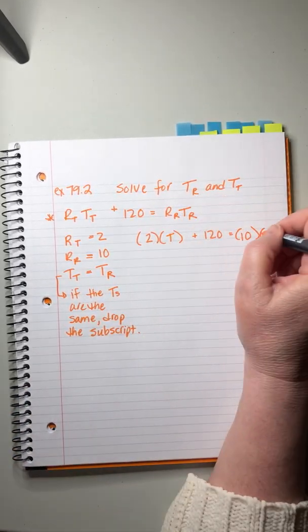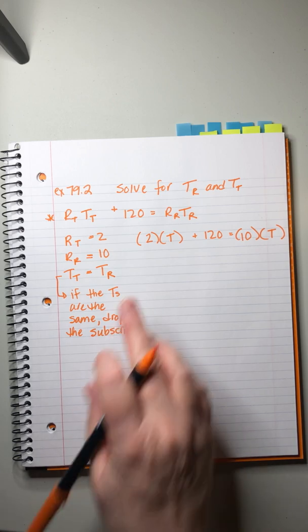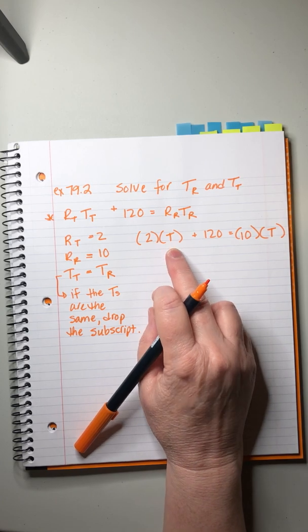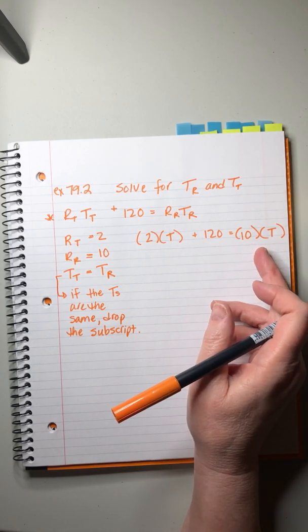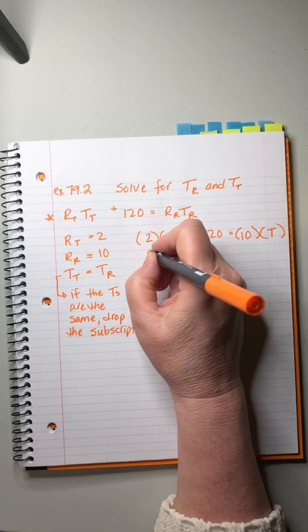So I'm just going to put that for both of them, right? I don't need that subscript causing me drama and strife if it's not even necessary. They're the same. So I make life easier on myself and I just drop it. You could make them both TT or you could make them both TR. That's fine, but you can just drop it altogether and life is so much simpler.